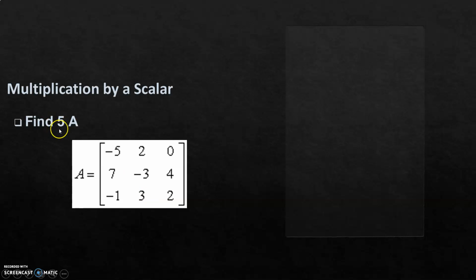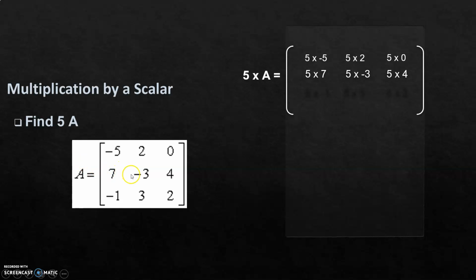To find 5 into A, we need to multiply 5 with each entry of the given matrix A. So 5A is equal to 5 into minus 5, 5 into 2, 5 into 0, 5 into 7, 5 into minus 3, 5 into 4, 5 into minus 1, 5 into 3, 5 into 2.